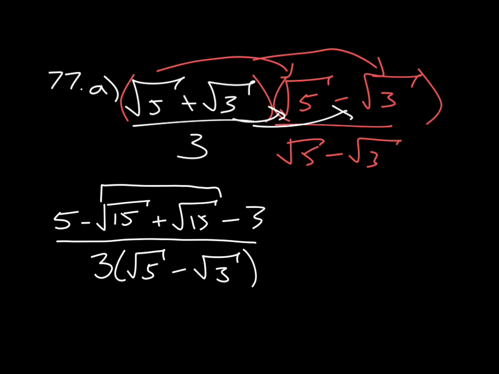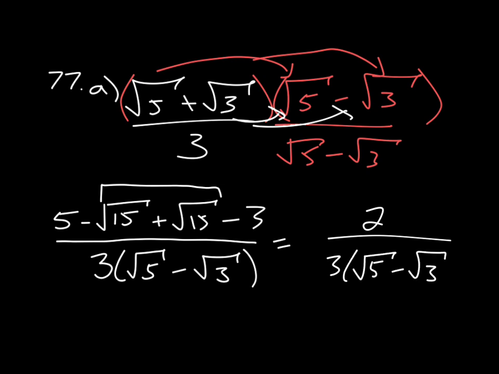And so then now we're just doing 5 minus 3. And then there's nothing to simplify from there. Is that okay? All right, so then we'll do part B.